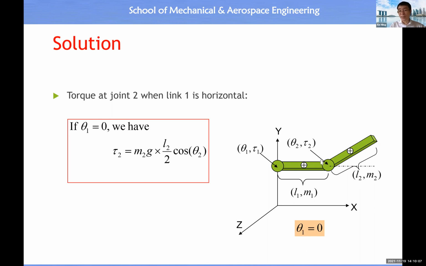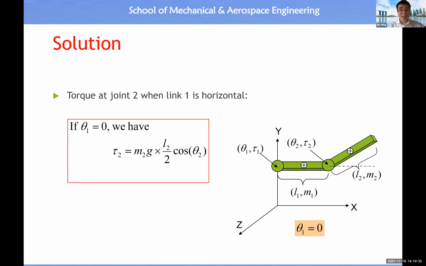Then the motor here must produce additional torque, tau 2, which is exactly equal to the external torque due to M2G. Once we have this equality, they cancel out, then there's no additional energy, then there's no angular acceleration because the net torque equals 0. Tau 2 minus this one equals 0.